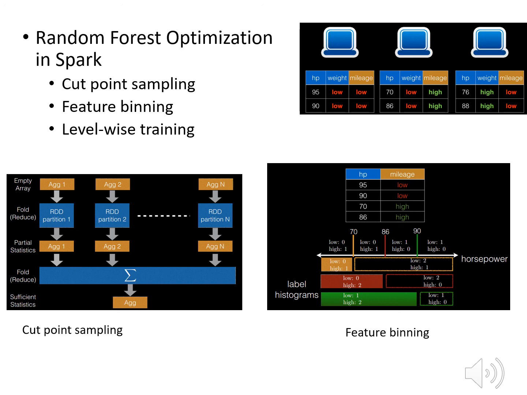If we have m values, then there will be at most 2 to the power of m minus 1 partitions, and these partitions will be analyzed from the data.